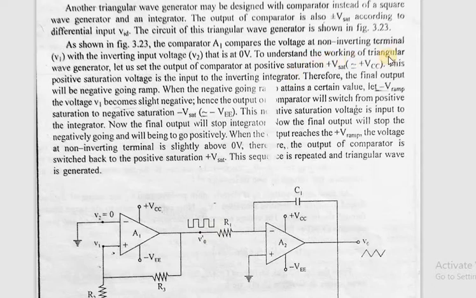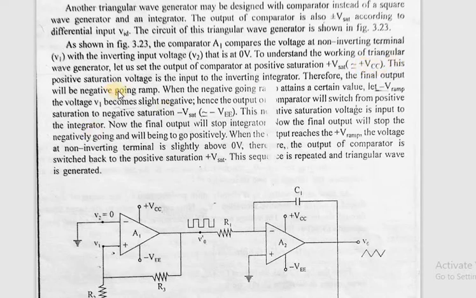To understand the working of the triangular wave generator, let us set the output of the comparator at positive saturation, plus Vsat. Let us assume that initially the output of the comparator is at plus Vsat, that is, it is giving output equal to plus Vcc.